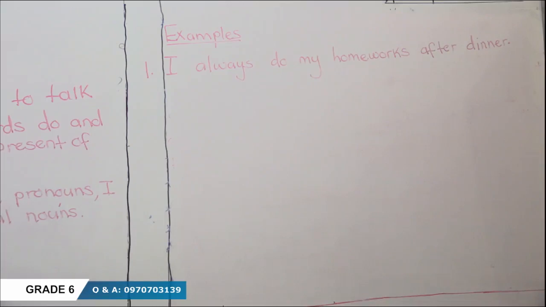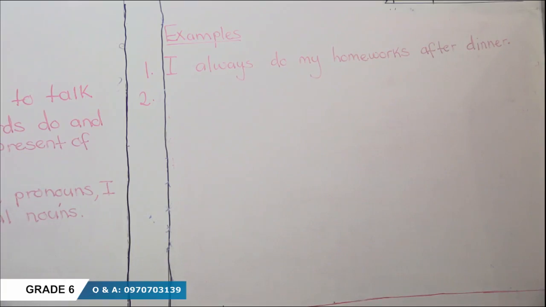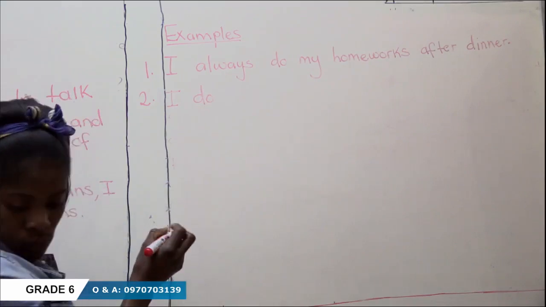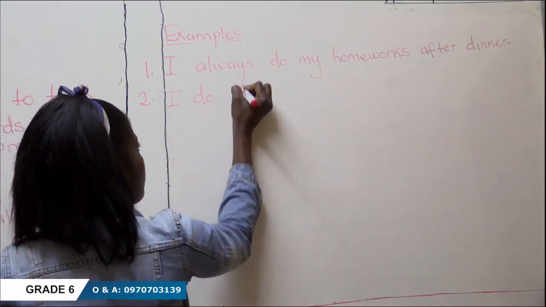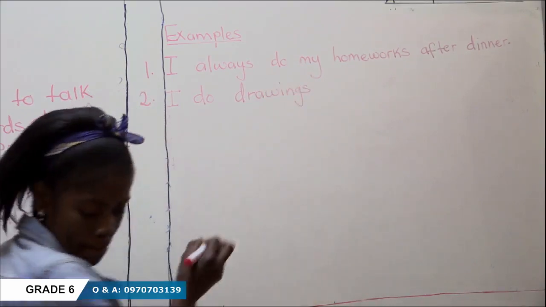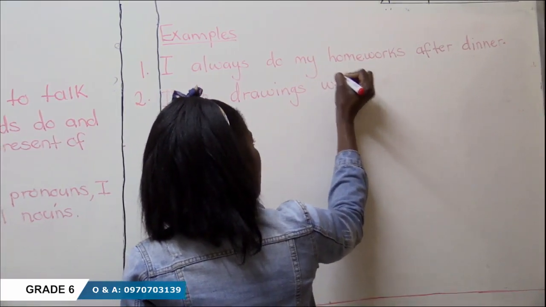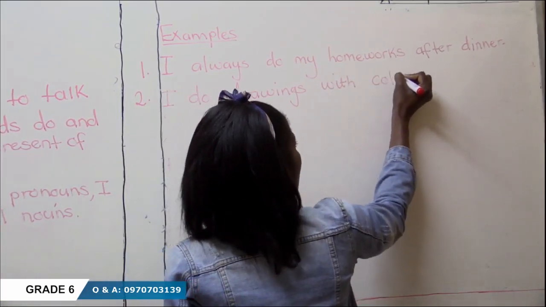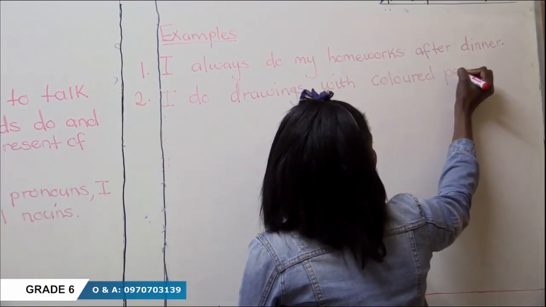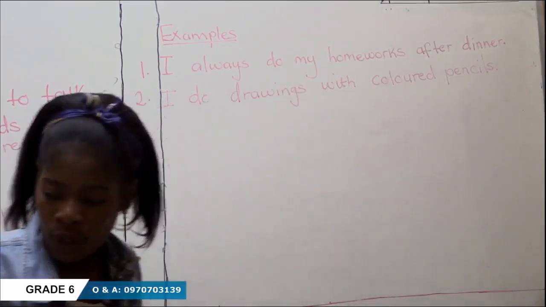The next example that I'm going to give you on how to use the verb do is, I do drawings with colored pencils. Okay, let's identify a pronoun there.